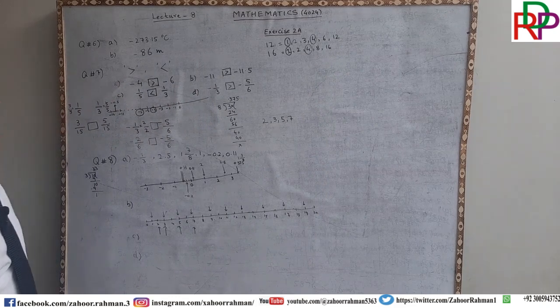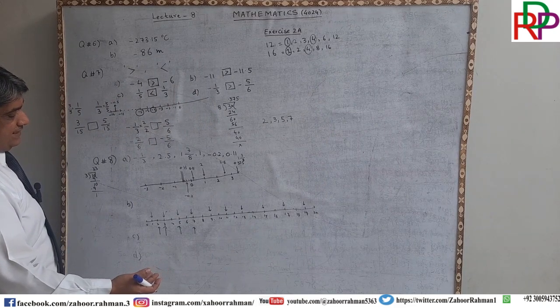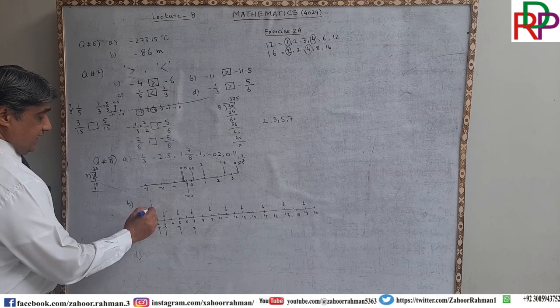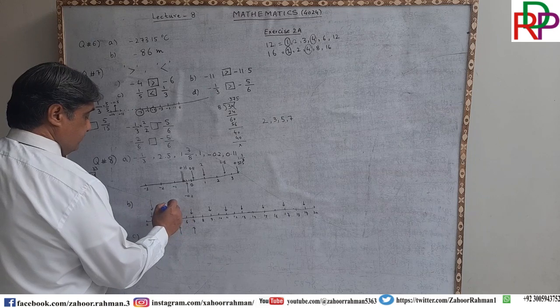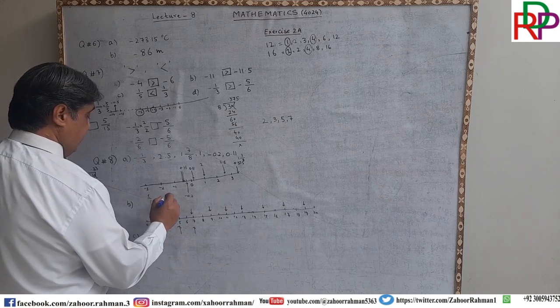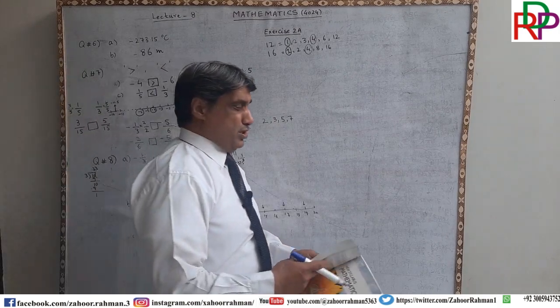Nothing else is common. So I am representing this on this 1 and 4. You have to say 1 and then 4. These are the two numbers.